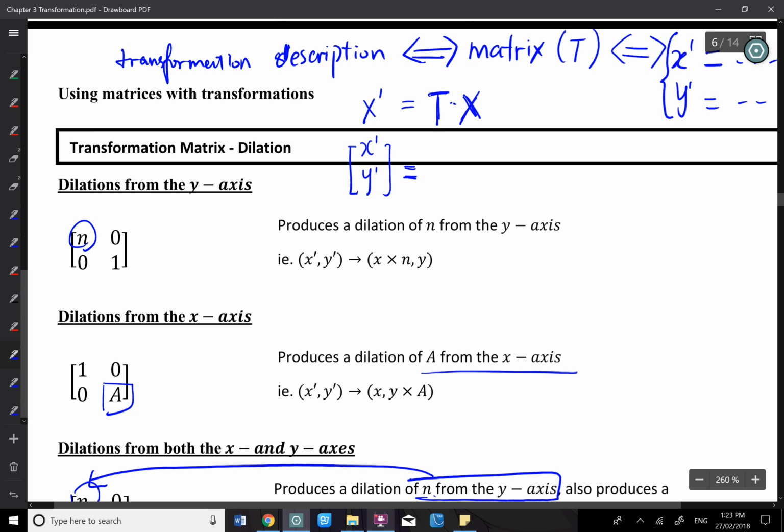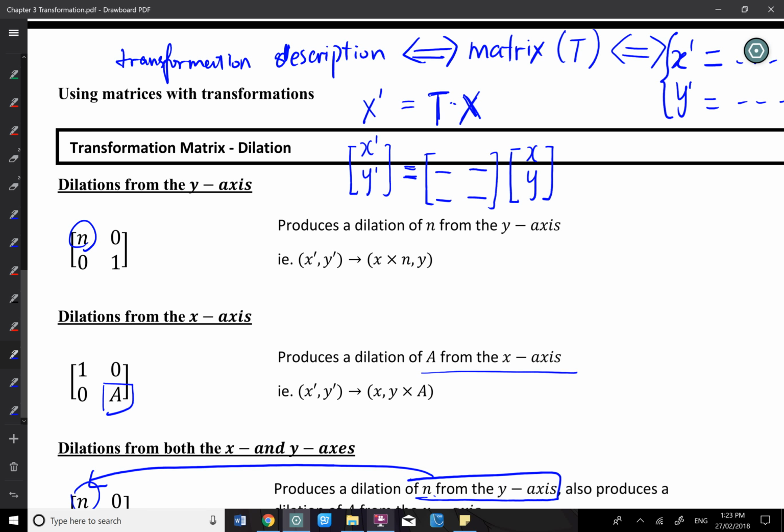The new point equals the transformation matrix, which is the 2 by 2 matrix, times x, which is (x, y), the old point. So the old point multiplied with the transformation matrix gives you the new point.